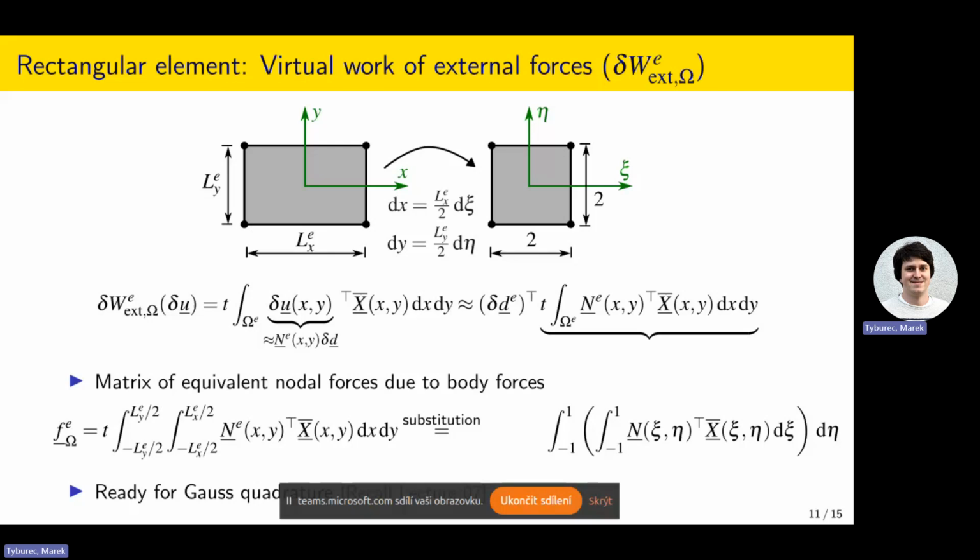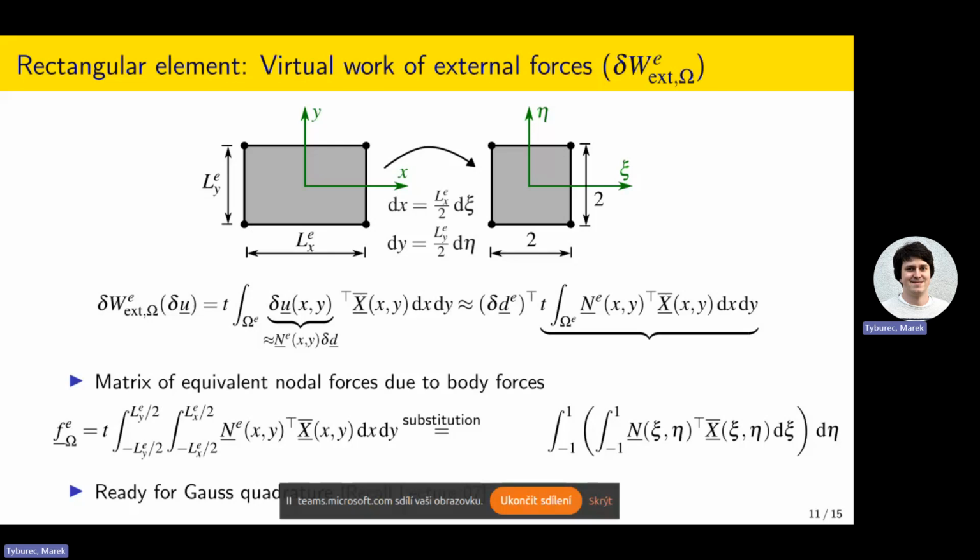Okay, so we insert this into the expression. And after doing that, first we can observe that these virtual nodal displacements are just some values, constants.